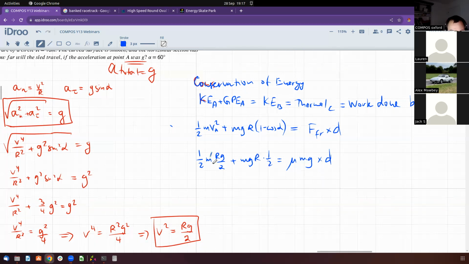Beautifully, the mass and g cancel out. They're not zero, so we're allowed to divide by them. So d, the distance traveled, is equal to r over 4 plus r over 2, divided by mu, which is 3r over 4 mu.